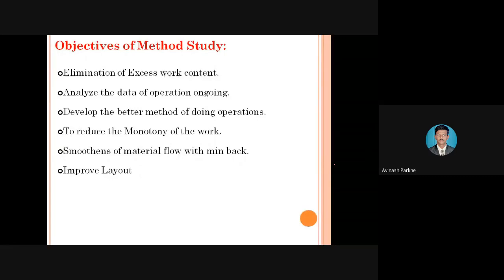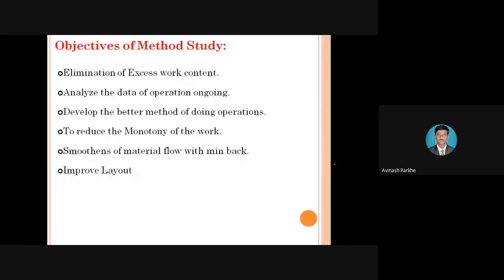If your raw material is converted into finished goods, whatever process is going on and whatever operations are performed on that material, their recording or data is also analyzed using this method study concept. Also, it develops a better method for doing the operations, meaning either we modify the existing process or we develop a new method.